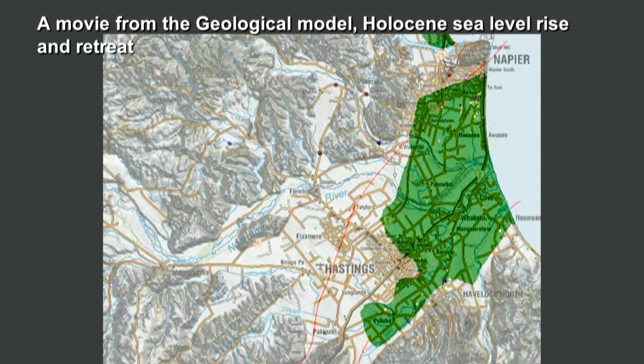When this slice is cut, sea level was probably 20, 30 metres below the current sea level. As we go up through the sequence, I hope that you'll see a pattern emerging. Let's just give it a go.